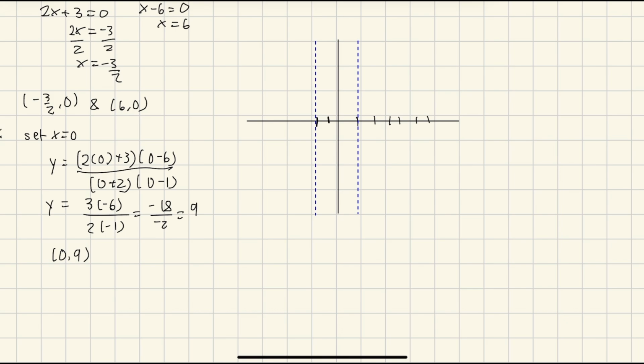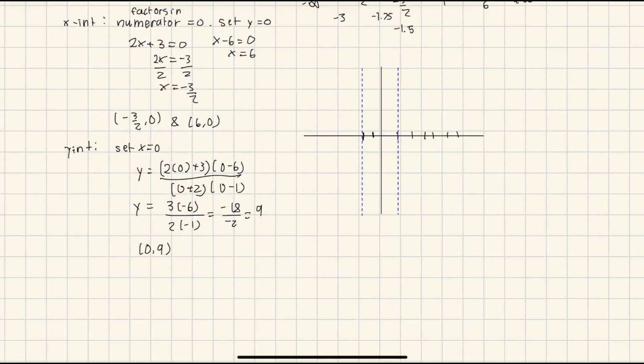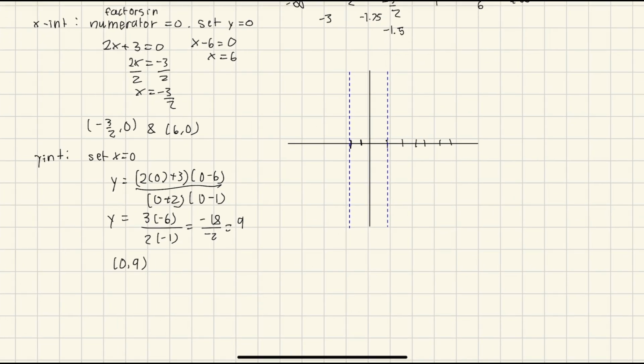Okay, my bad. We have an x-intercept at (-3/2, 0). So that's going to be over here. And we have another one at (6, 0), so 1, 2, 3, 4, 5, 6 right there. So we can kind of see that.